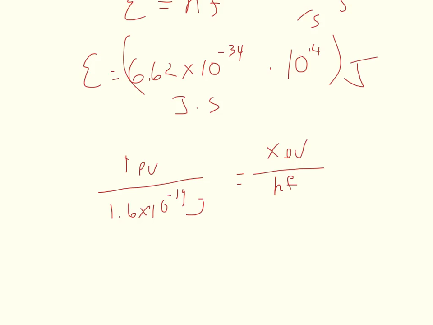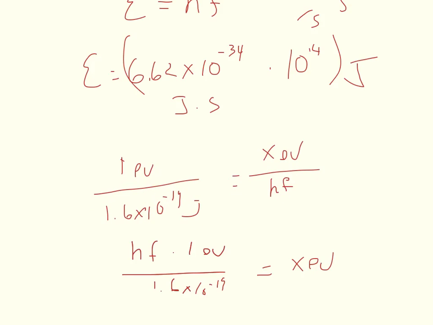Multiply hf to the other side, so you get hf times 1 electron volt divided by 1.6 times 10 to the negative 19th joules. That will give you x electron volts. And in my case, that would be equal to 0.414129348 electron volts.